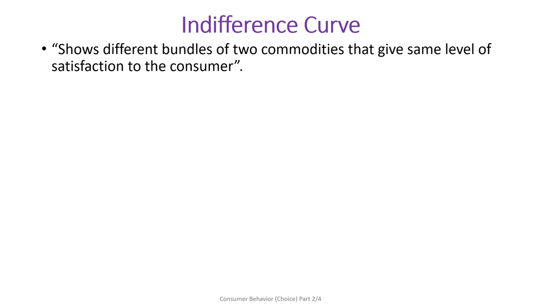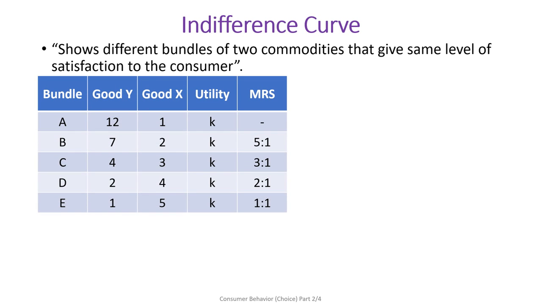Let's understand it with the help of a table. Assume a bundle A in which we have 1 unit of good X and 12 units of good Y. Let's assume that this gives us a specific level of satisfaction noted as K. Now there is a second bundle. This bundle has more units of commodity X. Because it has more quantity of good X, this bundle will give us more satisfaction.